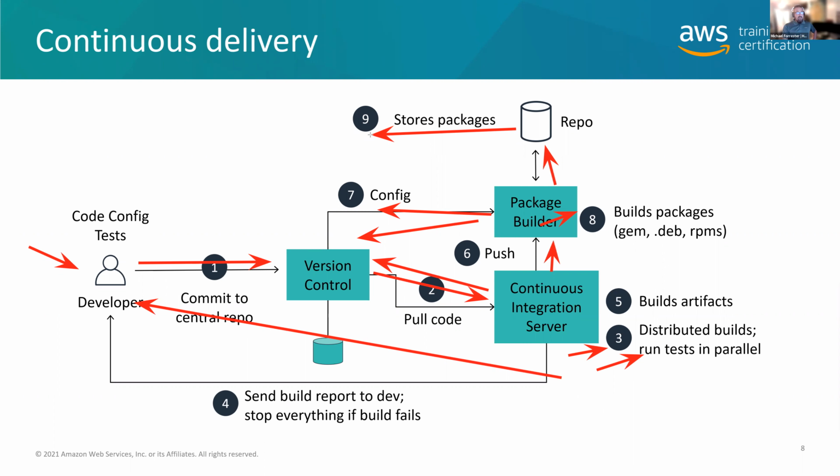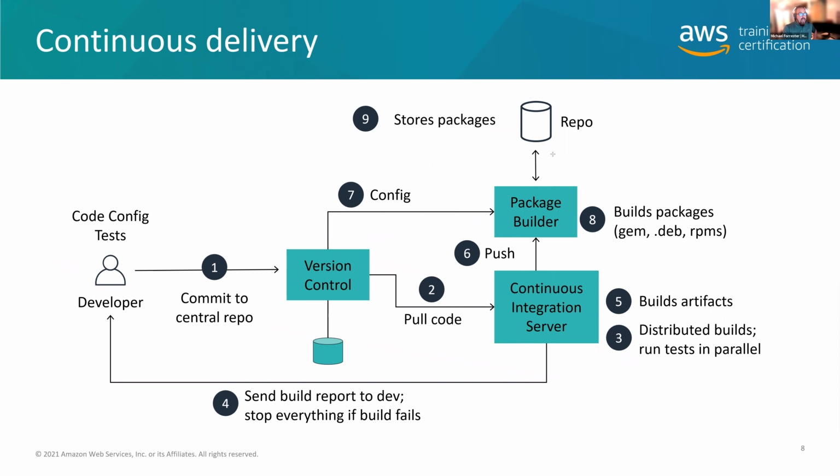Now, what's missing here is that you could actually kick this package, once it's built, out to some kind of testing or development environment for further testing. If it's not going to production, it's not continuous deployment, but continuous delivery could include environment deployment. So just something to be clear on.